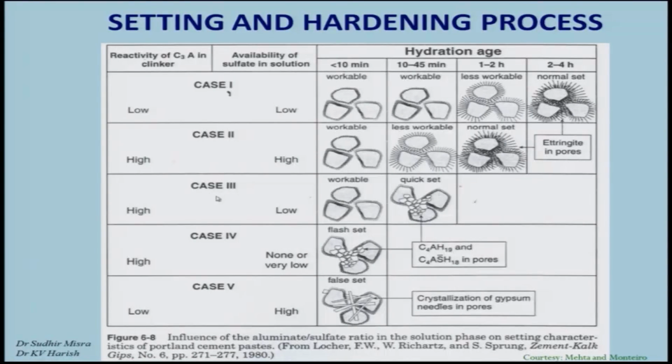Now coming to the third case, where C3A is substantially higher compared to the sulfates or gypsum, so that is explained as high-low. In such a case the mixture will be workable during the first 10 minutes, whereas the second level between 10 to 45 minutes the setting of the system happens very quickly.